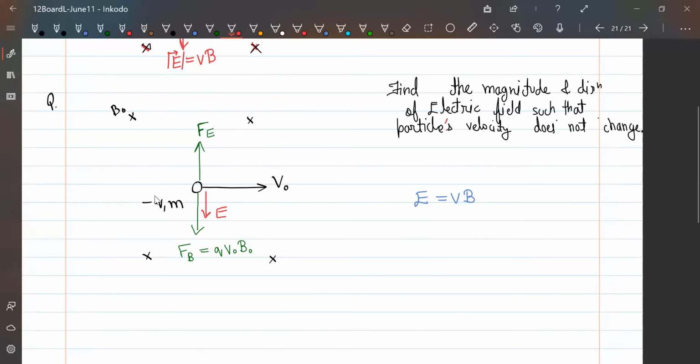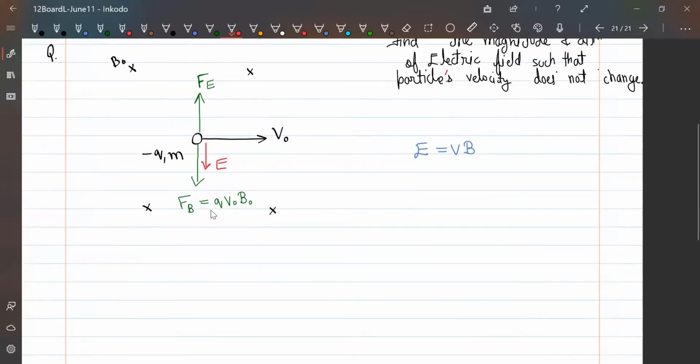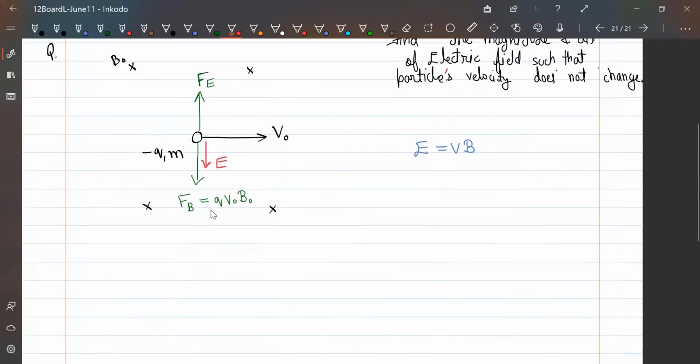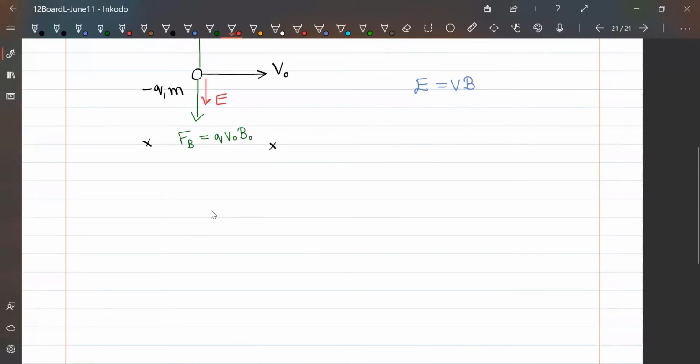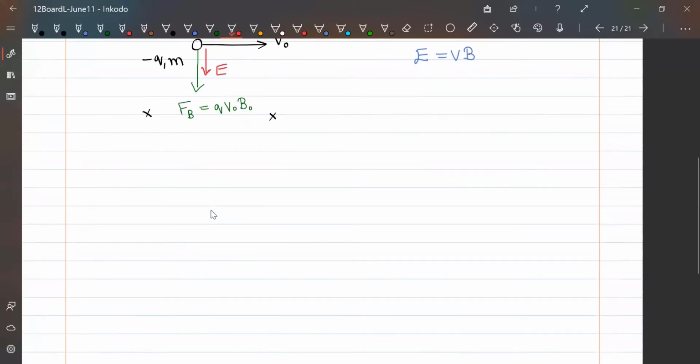So here it is a negative charge, so electric force will be opposite to the electric field. Yes, sir. Okay. So here magnitude will be the same and direction of electric field will be the same as the direction of the magnetic force. Okay, next question.